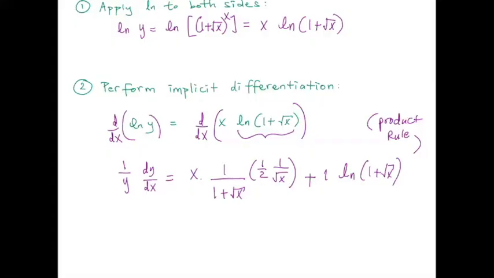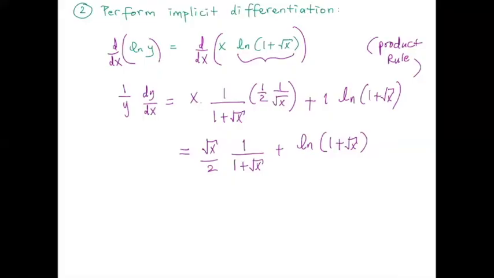On the next line, I will just simplify a little bit. So I have square root of x over 2, and then 1 over 1 plus square root of x plus the natural log of 1 plus square root of x. And now I'll move 1 over y to the other side.